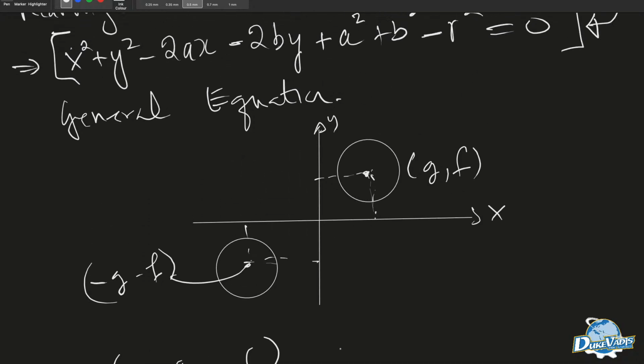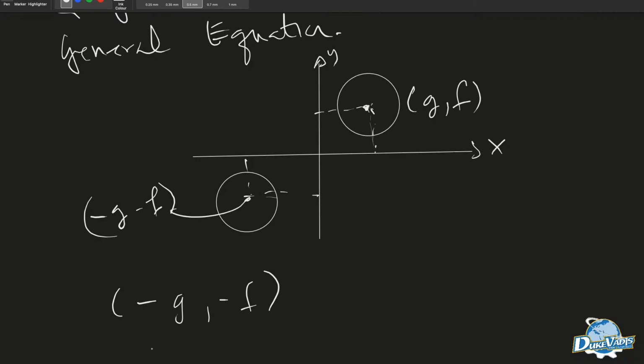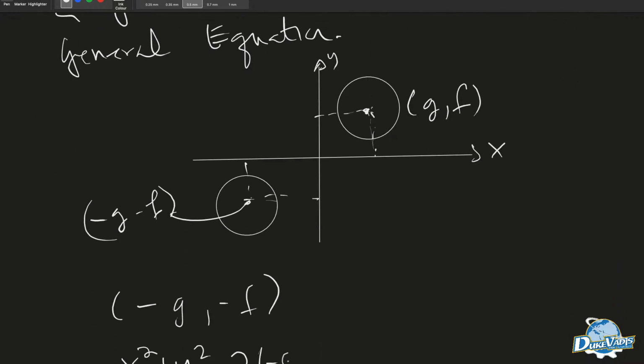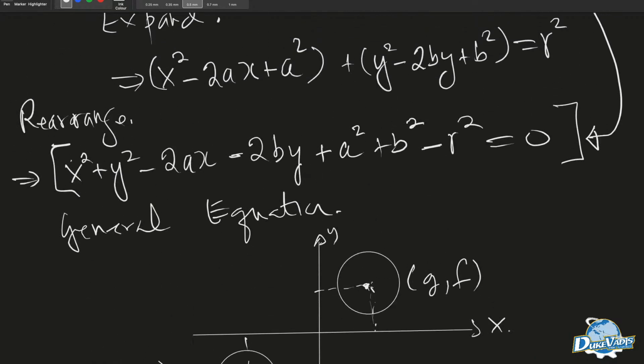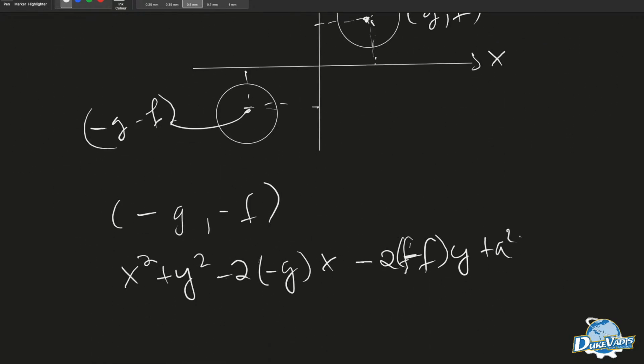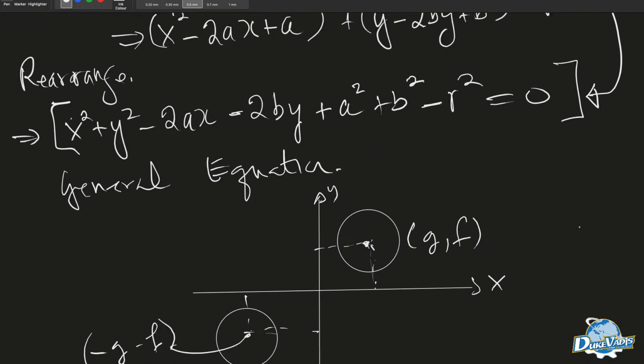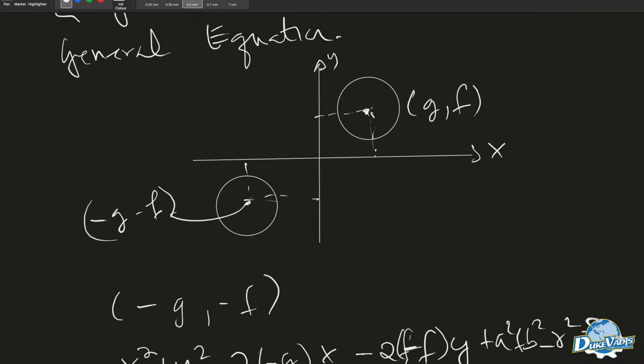So we are going to have our equation: x squared plus y squared, then minus 2 times negative g of x, then minus 2 times negative f of y, plus a squared plus b squared minus r squared is equal to 0.